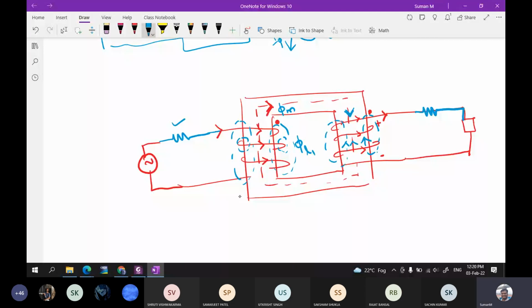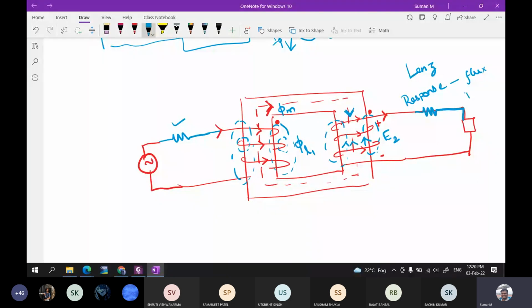As we discussed yesterday, Lenz's law says that if there is some EMF induced across this terminal, then that EMF will allow some current to flow on the secondary side if the circuit is closed. Because of that current flow, if some flux is established, that flux will be opposing the cause. Here, the response is the flux established by the current I2 flowing in the secondary of the transformer.